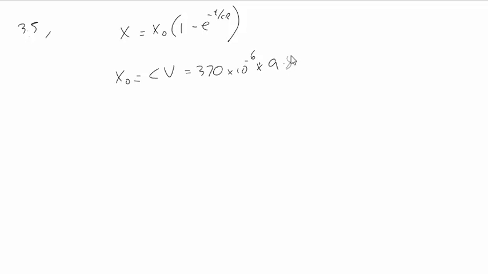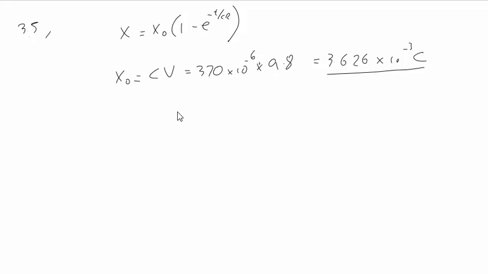Well, again we can use X is equal to X naught times 1 minus e to the minus t over CR, and X naught in this case is equal to the capacitance times the voltage, which is 370 microfarads times the 9.8 volts, which is 3.626 times 10 to the minus 3 coulombs.